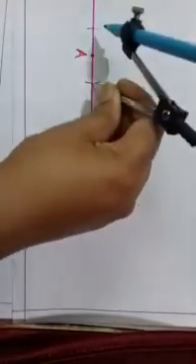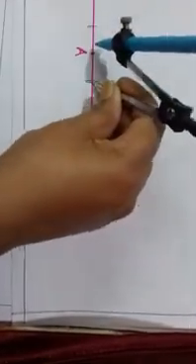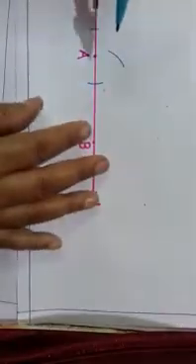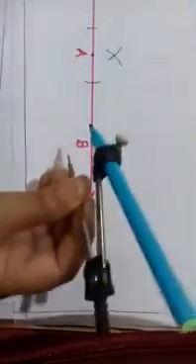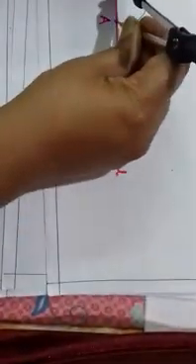This is the full distance, the complete distance. Take more than half and draw one arc upward from this arc and next to this arc in this way. Here also the same.